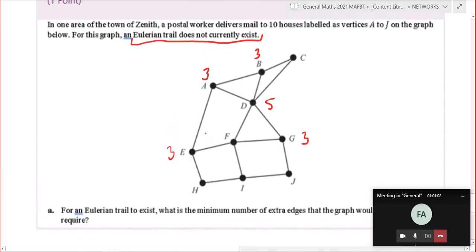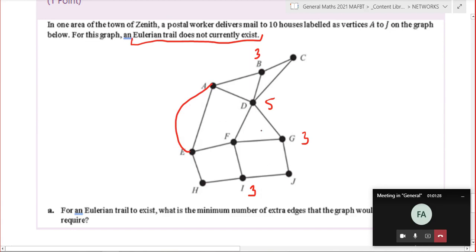So remember, for a Eulerian trail to work, you've got to make sure that you have at most only 2 vertices that are odd. If I add an edge from E to A, this will make them even, but I still have 4 vertices that are odd.